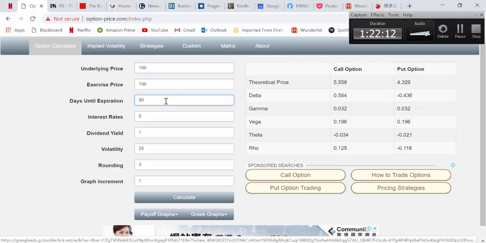Now let's look at the call. The call price is now 5.558, and theta is minus 0.034. If nothing changes except time, so I change 90 to 89, what do you think the call price will be now? Anyone want to make a guess? I changed nothing except the time.